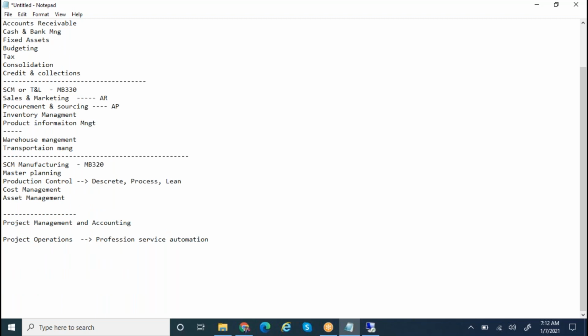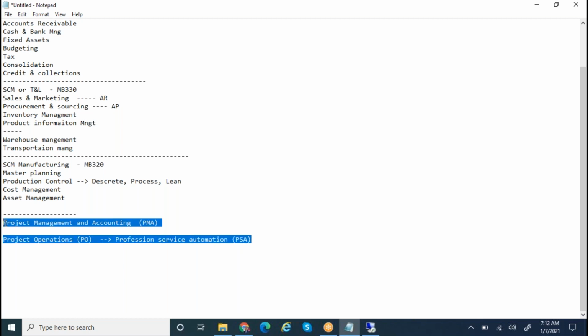So this is PMA, this is PSA, this is project operations, PO. This is newly introduced. Still it is available for few customers only. This is a new module. Okay, this is completely replacing this one.